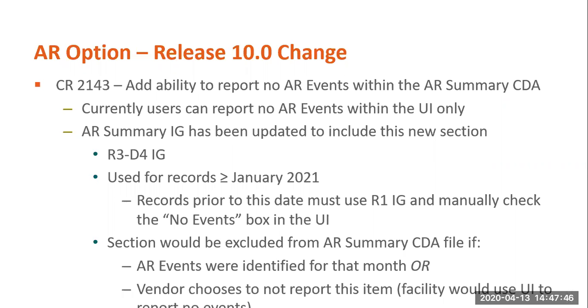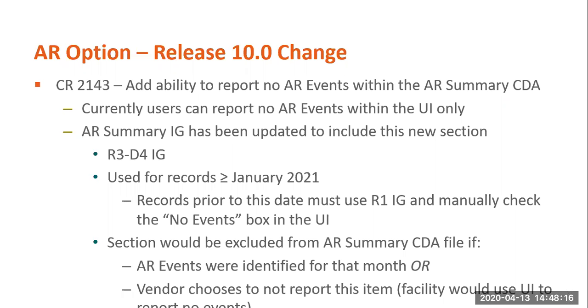However, using the newly updated IG for AR summary data, the R3D4, vendors will be able to report no AR events within the AR summary record. This new IG can be used for records from January 2021 and greater only. It will not be available for 2020 records, for example.